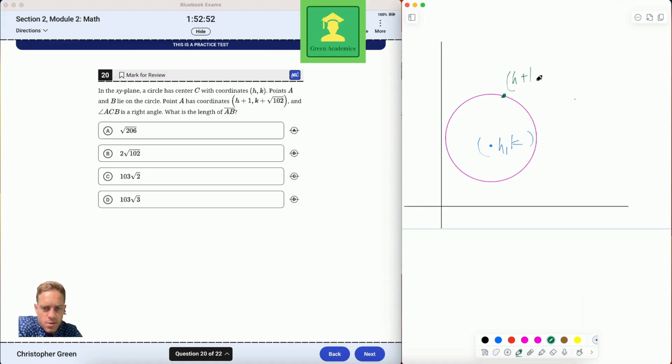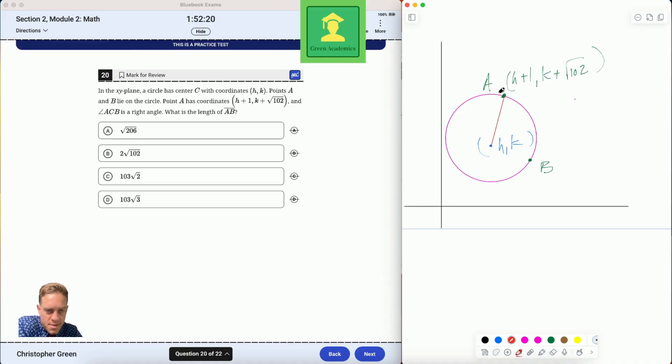So you go 1 to the right and radical 102 up. Okay? And then ACB is a right angle like this. So if that's point A, this is this, and ACB is a right angle. I see what's happening here. But first of all, you can find the radius.